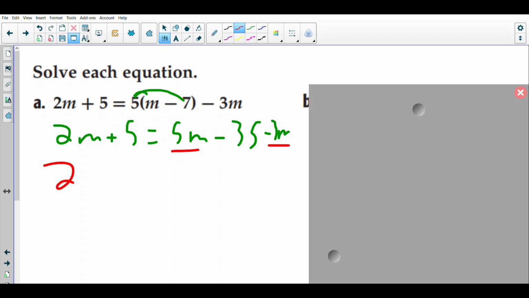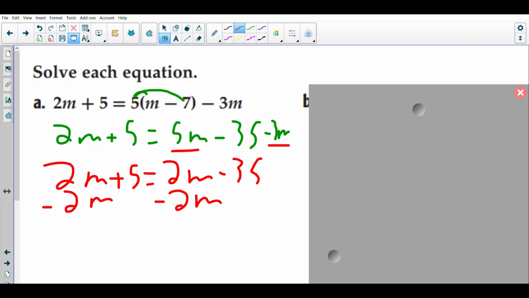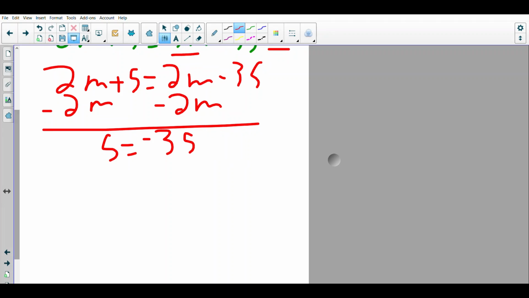So I get 2m plus 5 is equal to 2m minus 7. So now, just to be safe, I'm going to move all my variables to one side. So I'm going to subtract 2m from both sides, and look what happens. I get 5 is equal to negative 7. That is a false statement. That does not make sense. It's not true. So that means there is no solution.